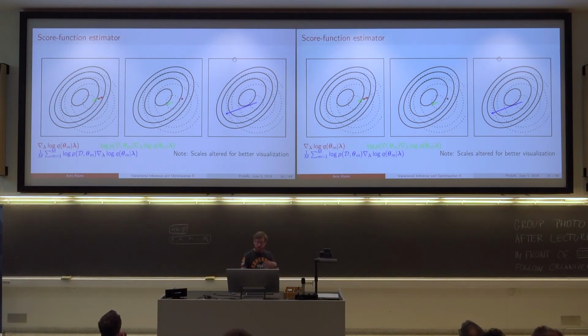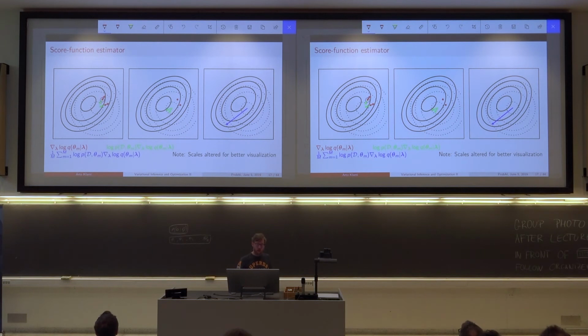Then let's take a look at what happens when we draw more samples. If we draw another sample, this time here, the derivative, the direction we should move the approximation to best capture this particular sample, again points away from the center of this distribution.